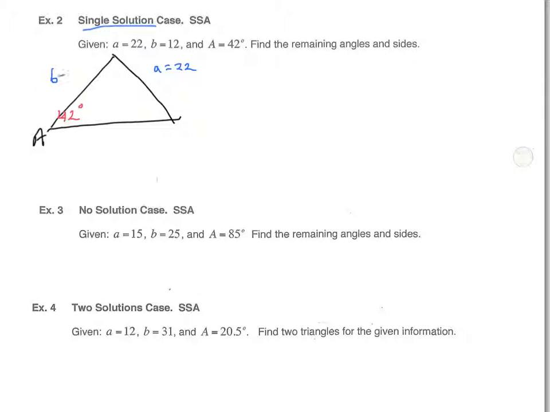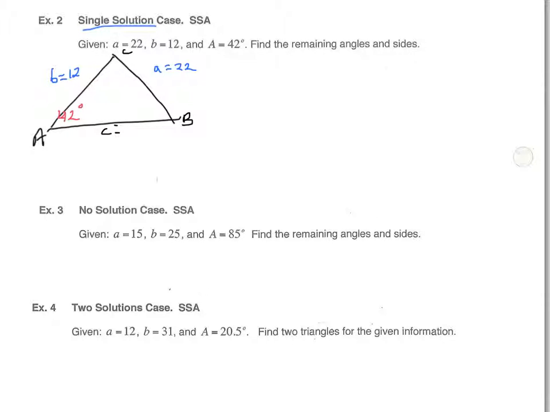So I'm going to put side B right here. If they gave you side C, I'd put side C there. So whatever other side they give you, I just always put it there. Just that way I don't have to think too much. And so that means this is angle B, and this must be angle C. And then this is going to be side C. So all we have to find is two angles and a side.